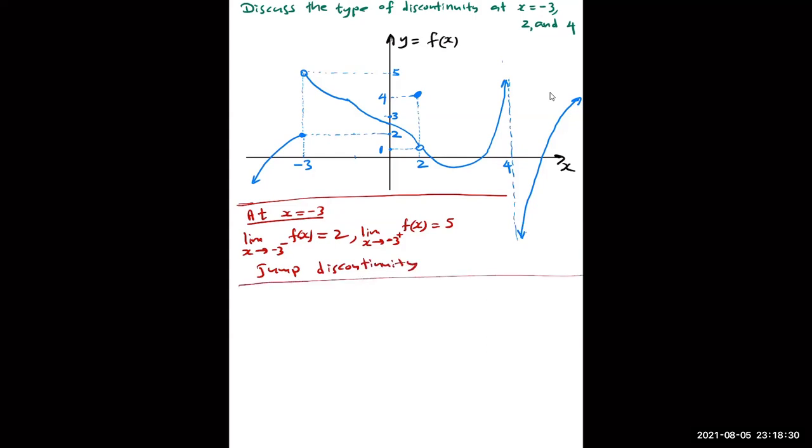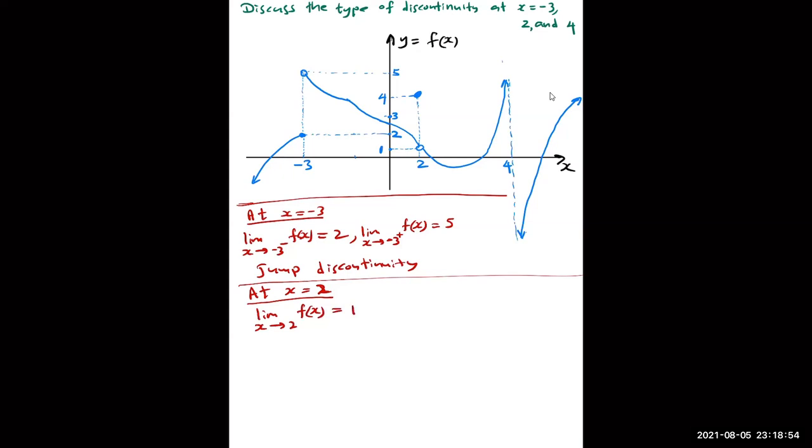Done. What about at x equals 2? What kind of discontinuity are we going to have? Well, as you can see here, the limit exists. The limit as x approaches 2 of f of x is clearly 1.